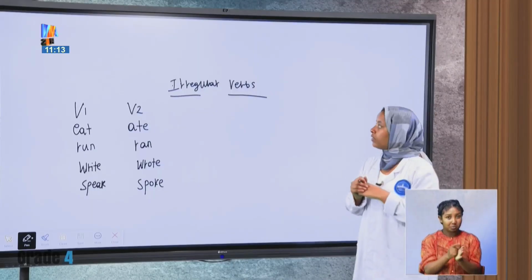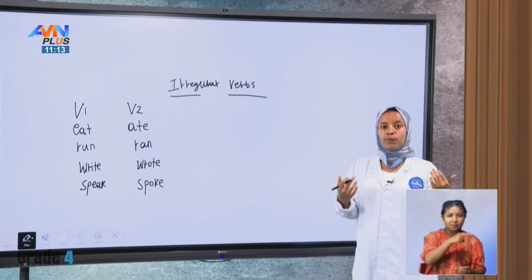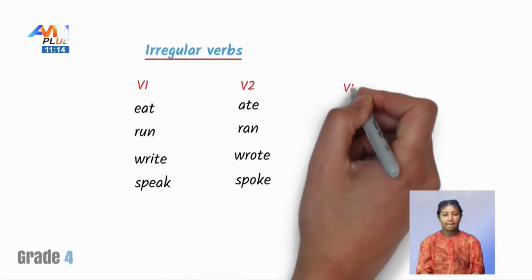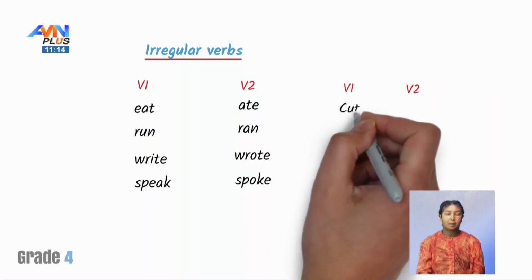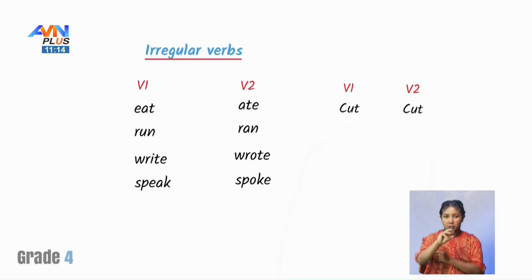Let me add, for example, those words that are not changing at all. Those verbs are not changing at all, even as verb 2, the same as V1. Here is cut, cut. Read, read.